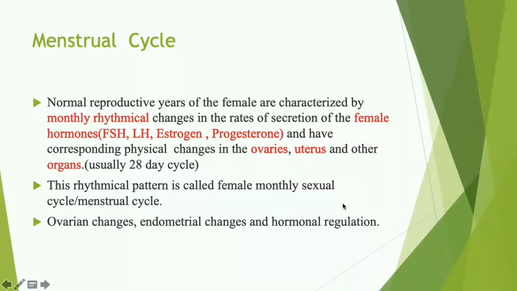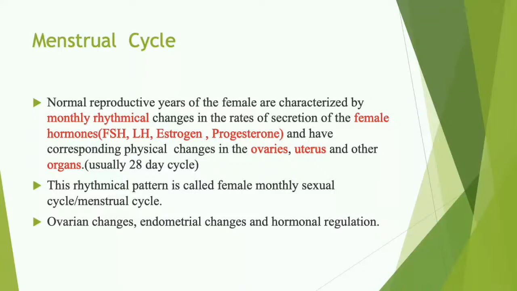Now going to the LAQ of the menstrual cycle, first write the definition: during the normal reproductive years of a female, you have a monthly rhythmical change in the rate of secretion of the female hormones FSH, LH, estrogen and progesterone. Remember, you can't mention GnRH, because there is a cyclical secretion but not in a monthly pattern.